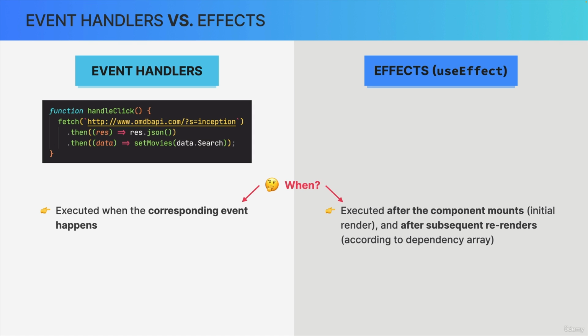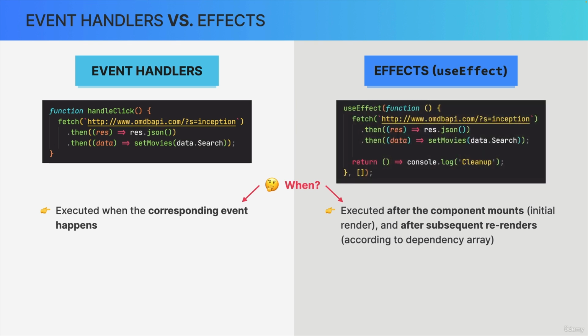And so this is exactly what we did in the previous lecture, when we first used the useEffect hook to specify an effect that was executed right after the component was painted to the screen. So we can say that these two pieces of code produce the exact same result. They both fetch data about a movie, but they do so at different moments in time.